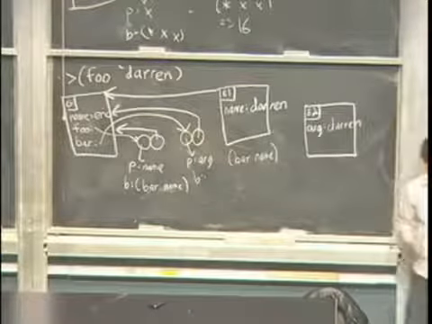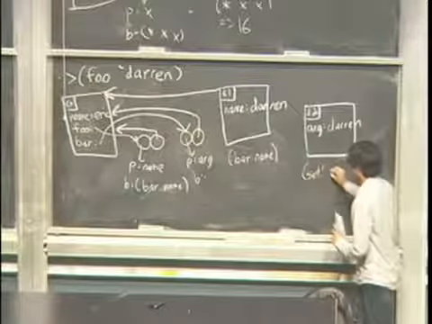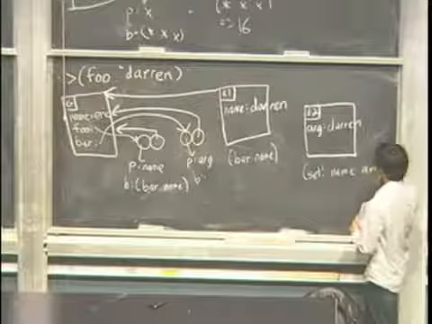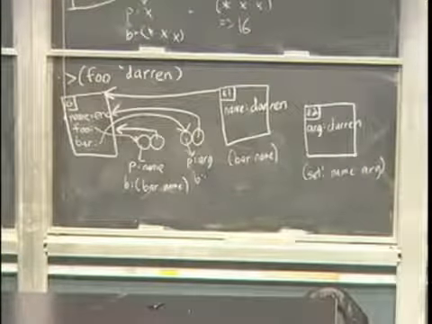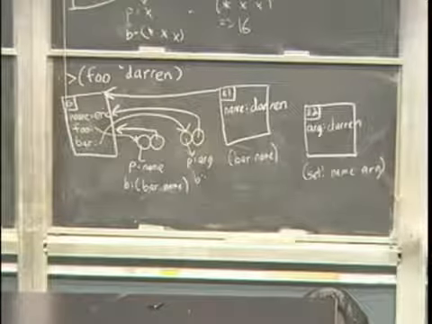So then here's a big question. The body of this E2 is set! name to be arg. Which environment do I have E2 extend? Do I extend the global environment, or do I extend E1?